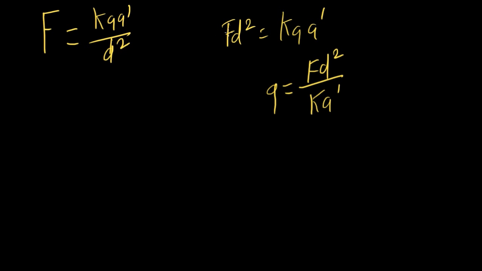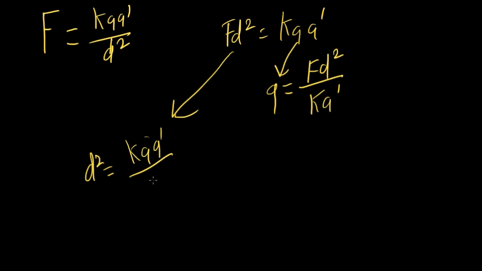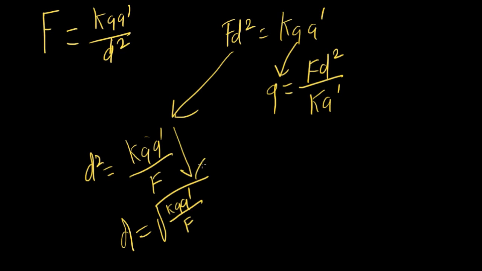You'll occasionally need to solve for D. If we need to solve for D, then we'd have to divide by F, so we'd have D squared equals K Q Q prime over F, and then we have to take the square root, so D equals the square root of K Q Q prime over F. That's if we would want to solve for D.